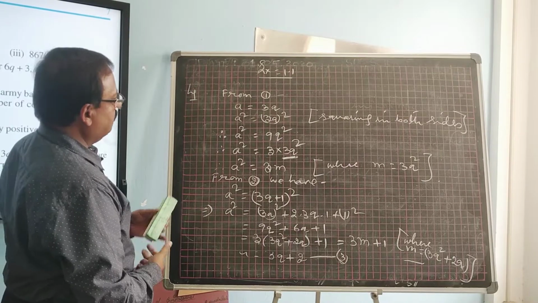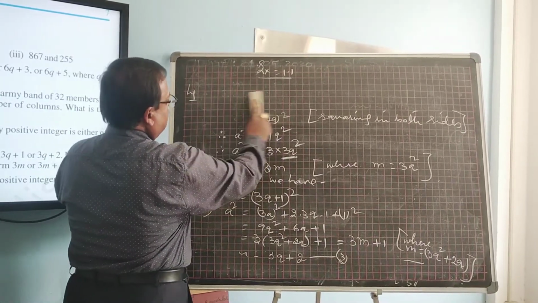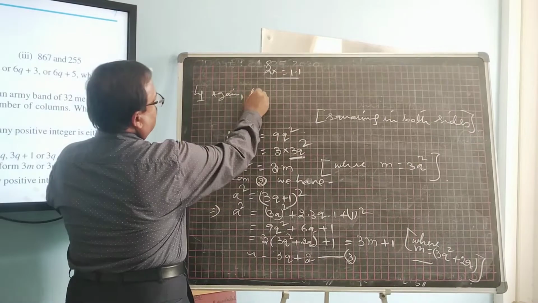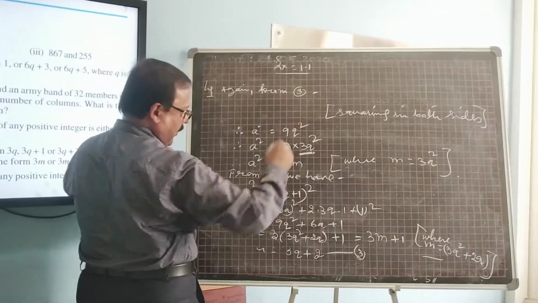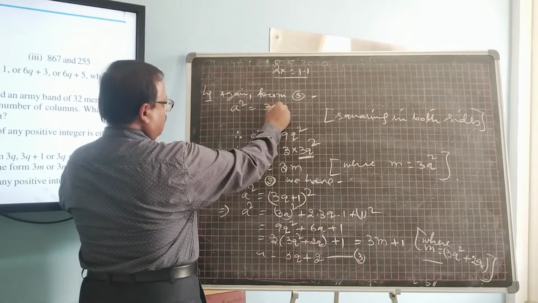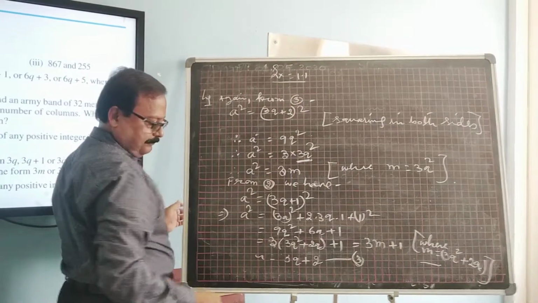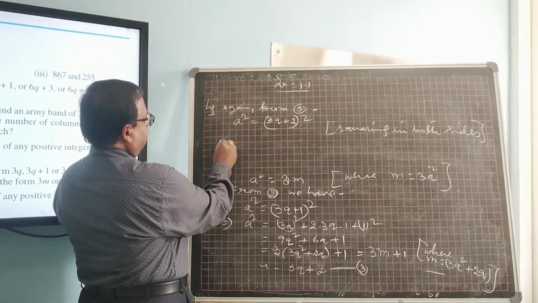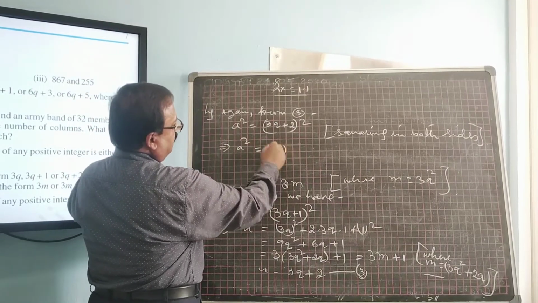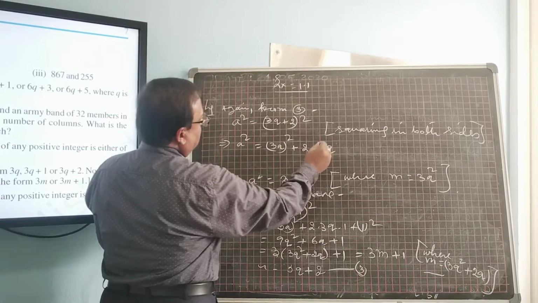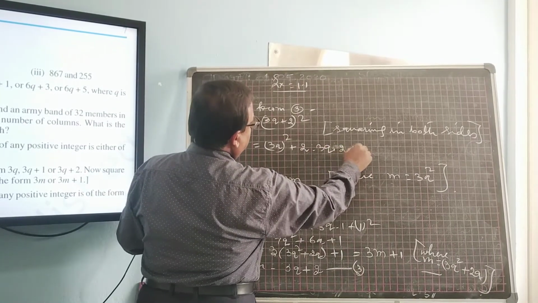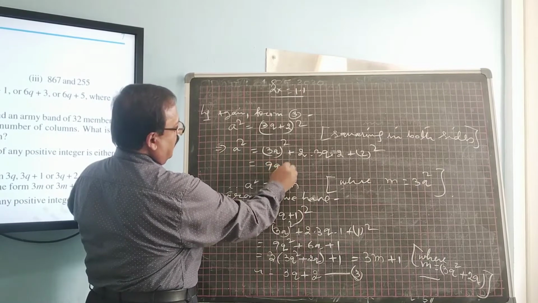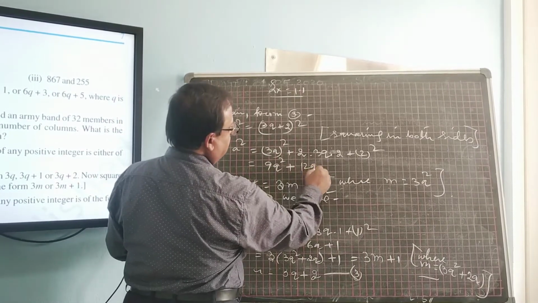Again from 3 we have a equal to 3q plus 2, a square equal to 3q square plus 2 into 3q into 2 plus 2 square, equal to 9q square plus 12q plus 4.